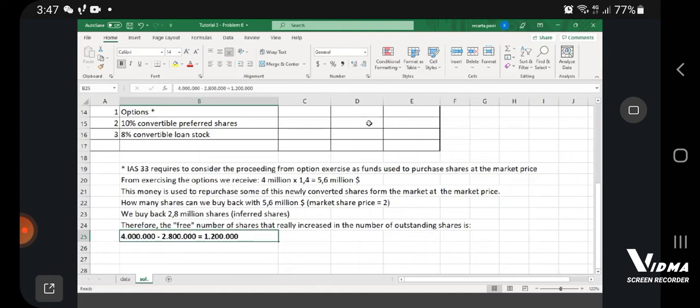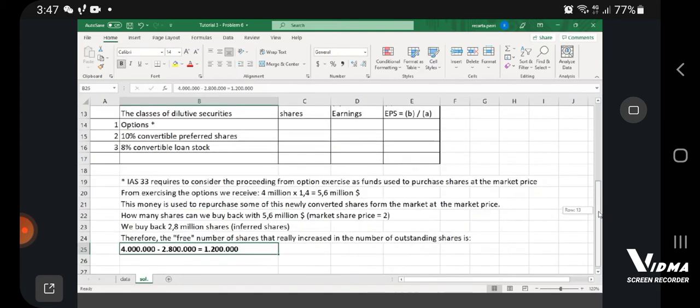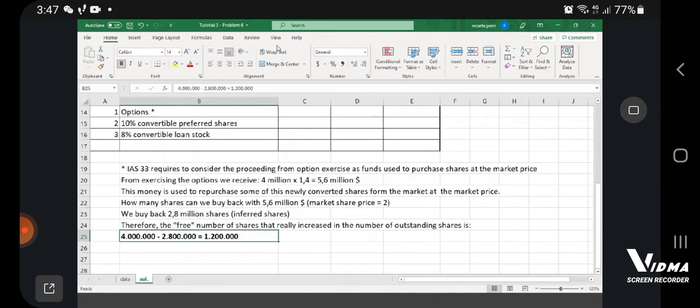I spent several minutes being very detailed about how we calculate the amount of shares that are dilutive in the case of options.